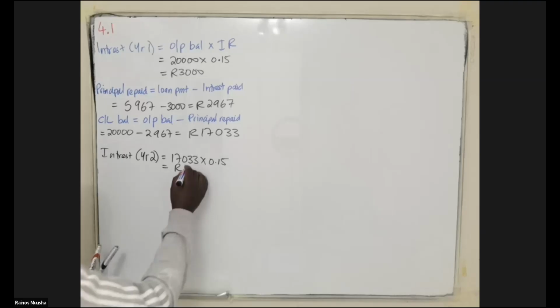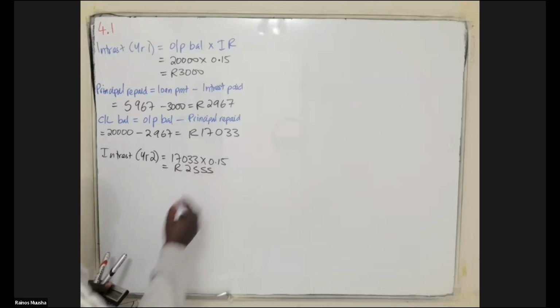How much do you get? 2,554.95, which is 2,555.